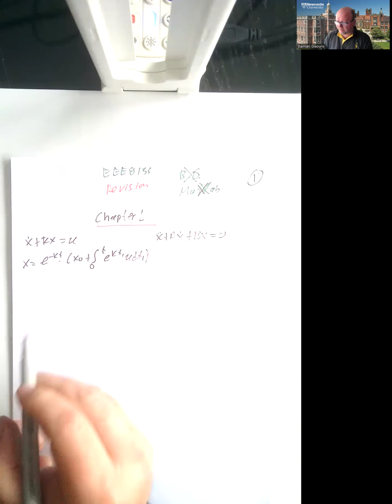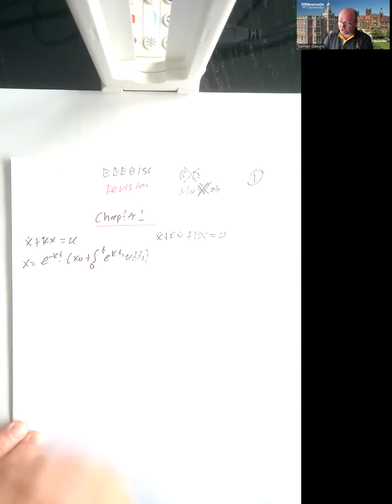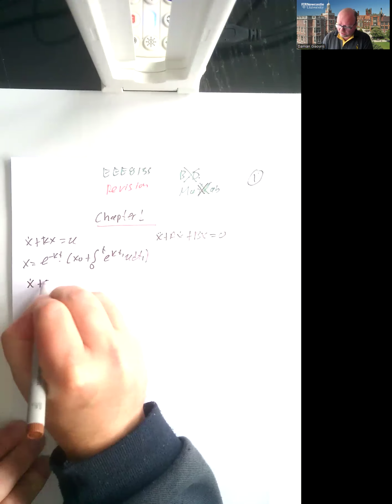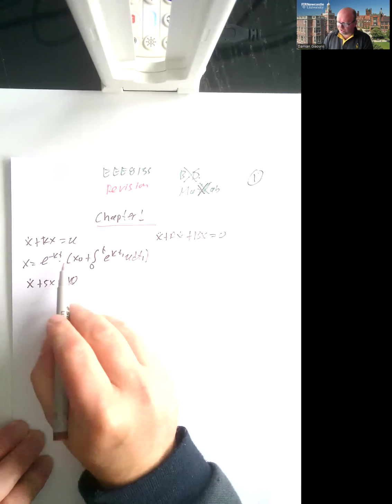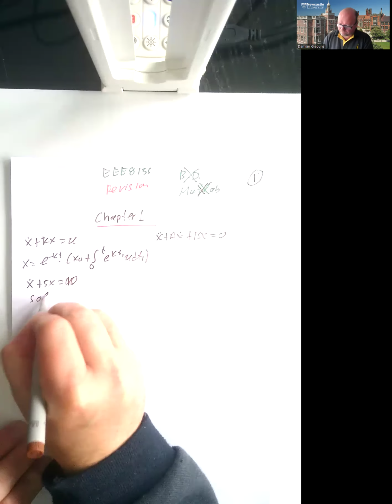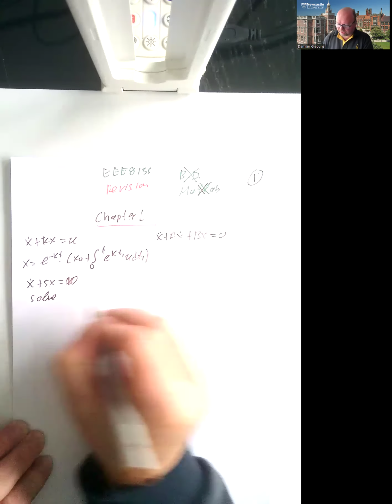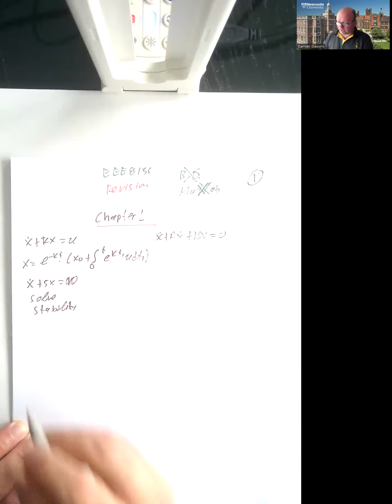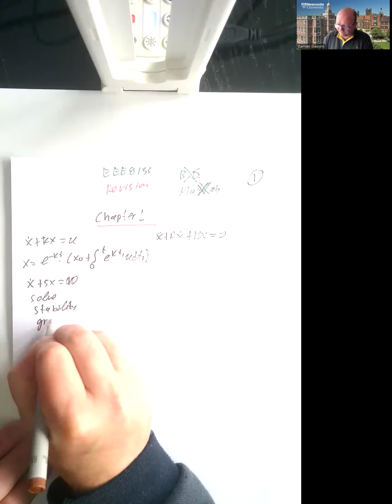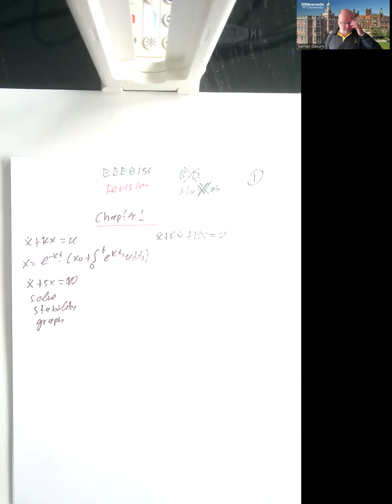And now from here, a possible exam question is you're given this ODE, using this expression, solve it, determine the stability, and of course create a very brief graph of the response. Plenty of examples in the handouts and during the normal lectures. I don't think I need to say anything more than here.